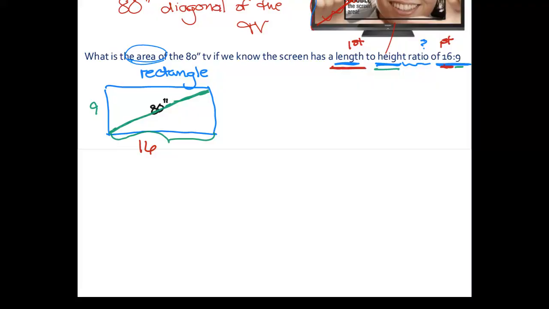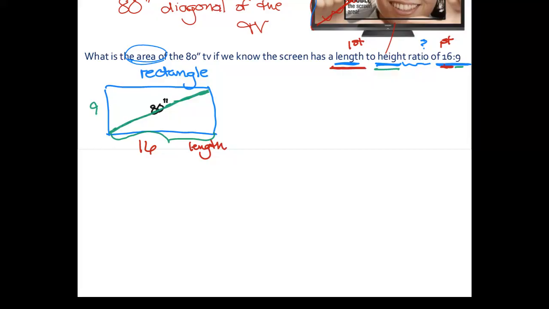So how could I find an appropriate length that is a multiple of 16? Do we know which multiple? No. So how could I represent a multiple of that length? Put on those thinking caps. A variable.